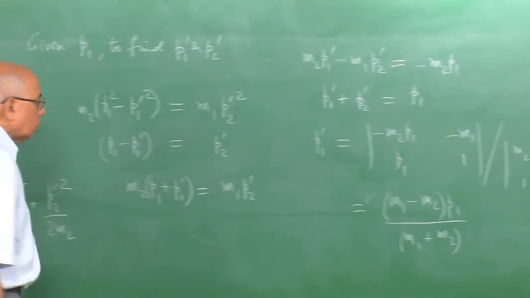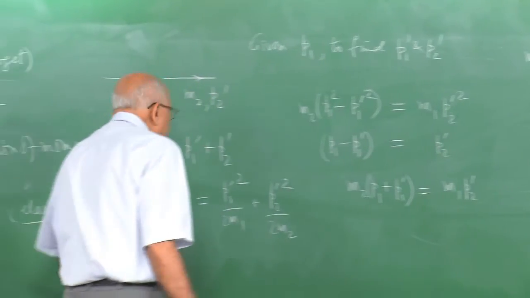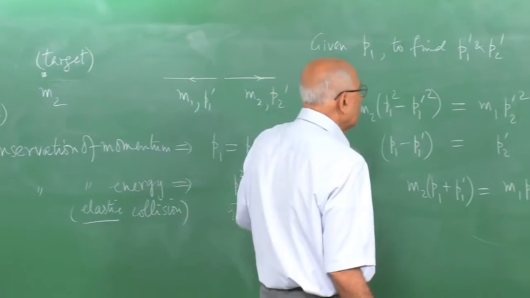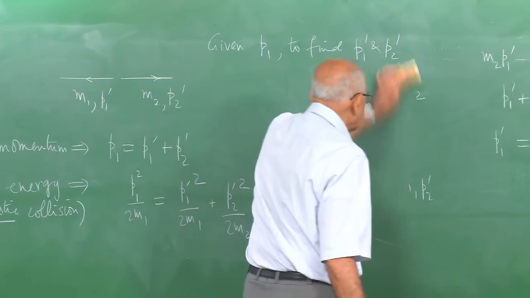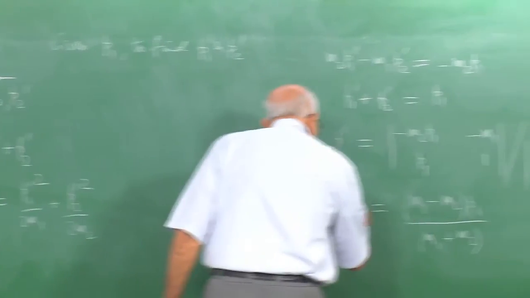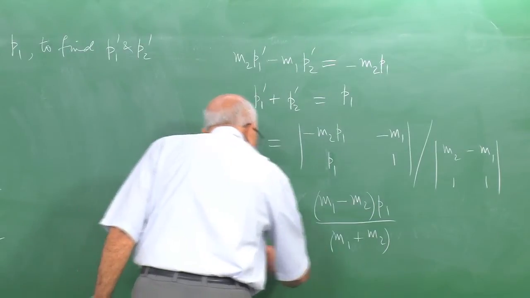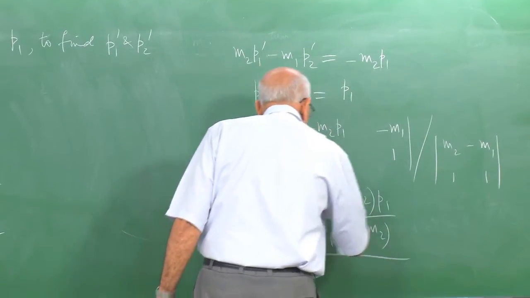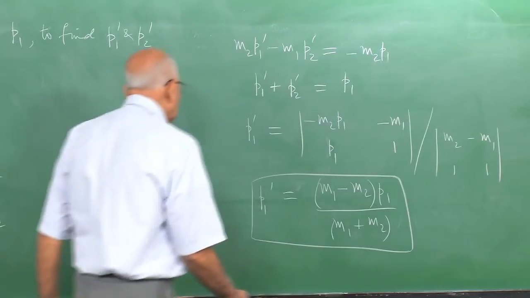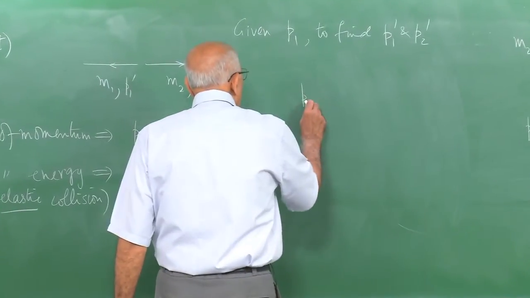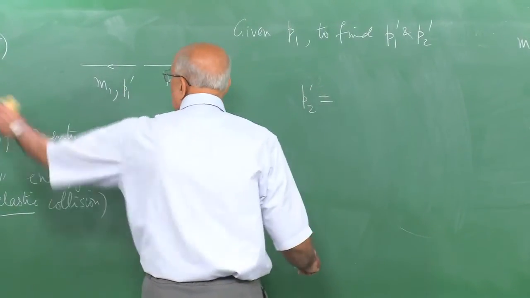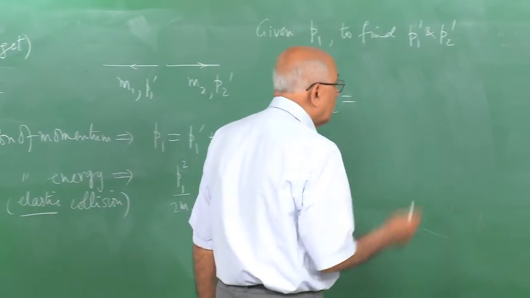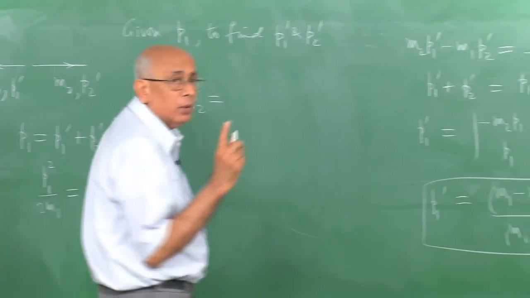What about p2 prime? Well, that's equally easily written down. We have the same equations. So that's solution number 1. P1 prime is this thing here. And what's P2 prime? P2 prime is the momentum the target acquires after the collision.